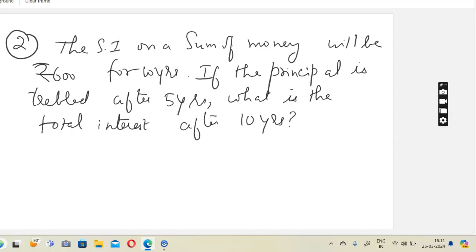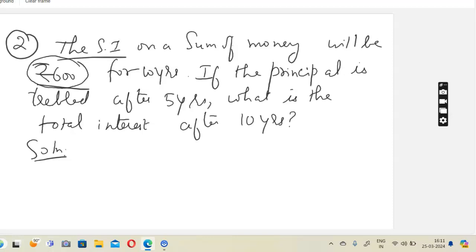Initially, when the principal remains intact, that is when no alteration is done to the principal, the SI after 10 years will be 600. But if it is tripled after 5 years, we have to find out what the interest will be after 10 years. That is simple.